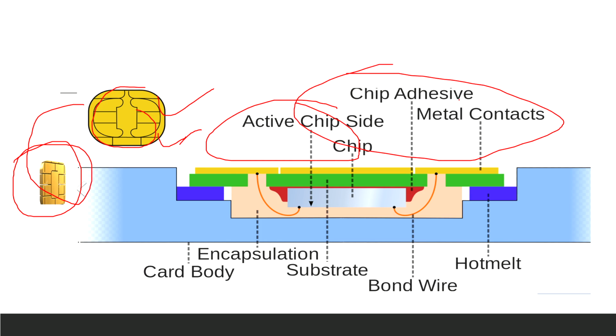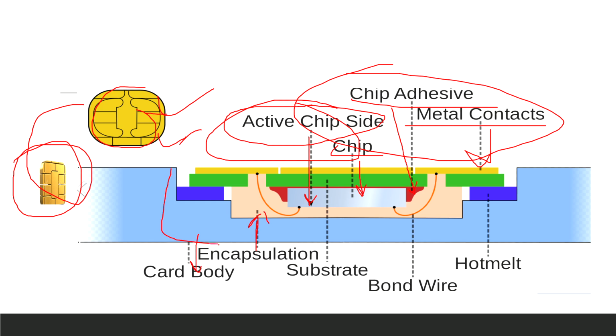What is chip head ratio, which has been notified here. It is chip head ratio. Then after that, metal content, which, as we all know, is the brown color strip. Then active chip side. Then the chip which has been installed here. Then encapsulation, which we use in computer engineering, then card body. Okay, this is all about the card body.